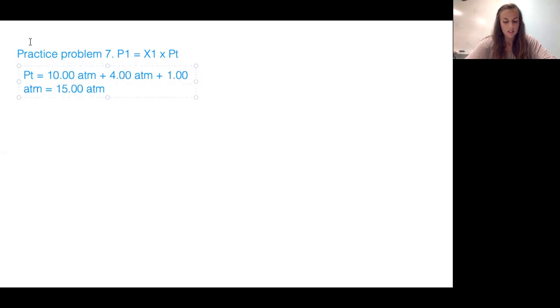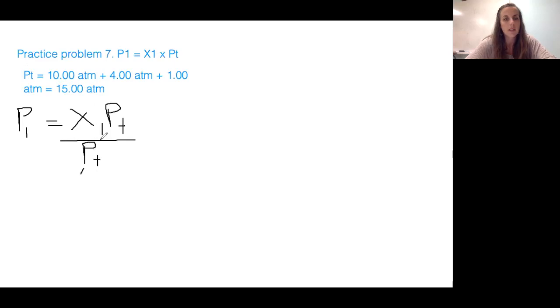Okay, so now if I want the mole fraction, I need to rearrange this equation. So let me write it out for you. Whereas I have the pressure of one substance is equal to the mole fraction times the total pressure, I want to get the mole fraction by itself so that I can solve for it.